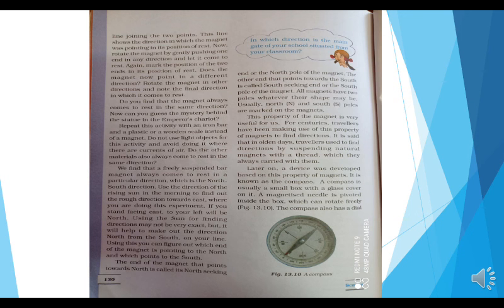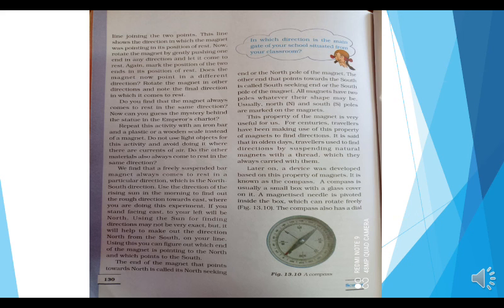That direction you can use for doing this experiment. Now, using the sun for finding directions, you may not be very exact. Your observations can vary, but it will help to make out the direction north from the south.